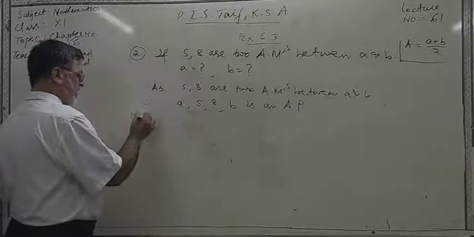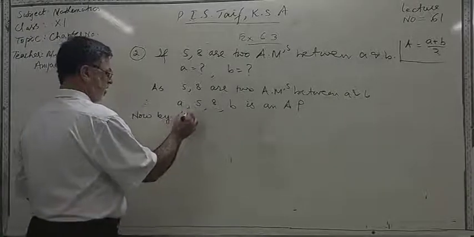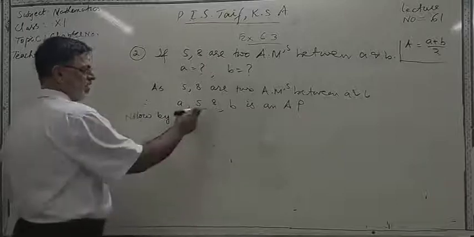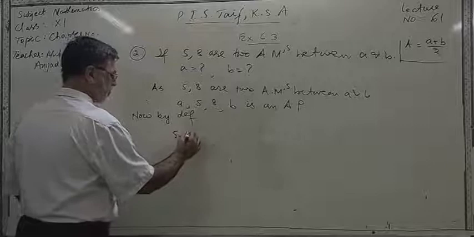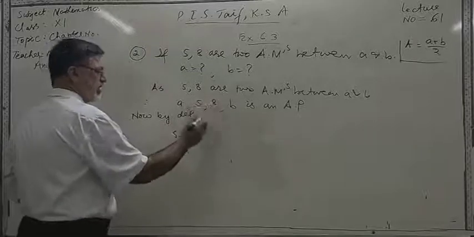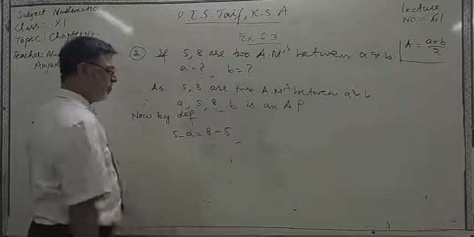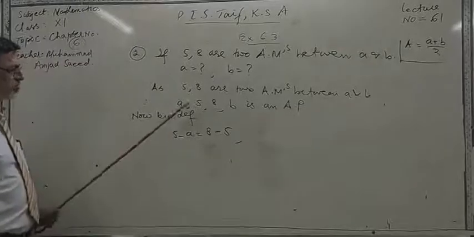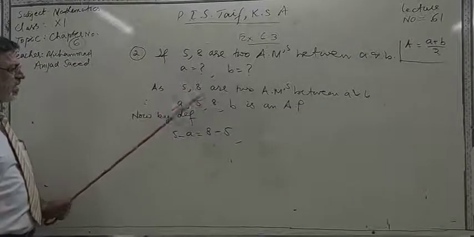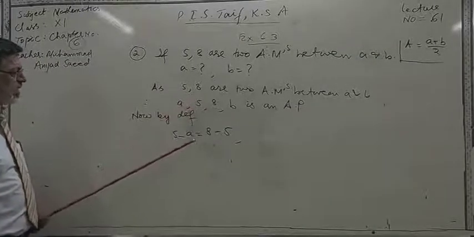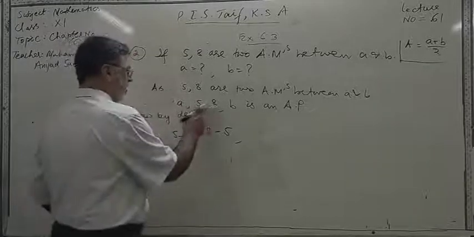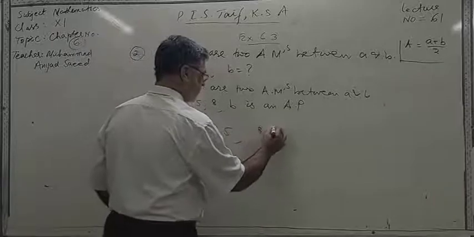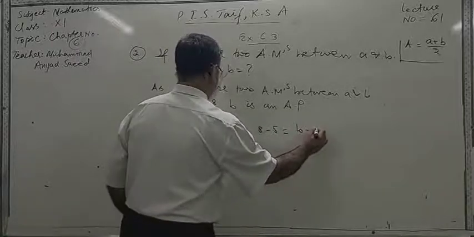Now by definition, second minus first is equal to third minus second. This is the common difference. Similarly, third minus second is equal to fourth minus third.